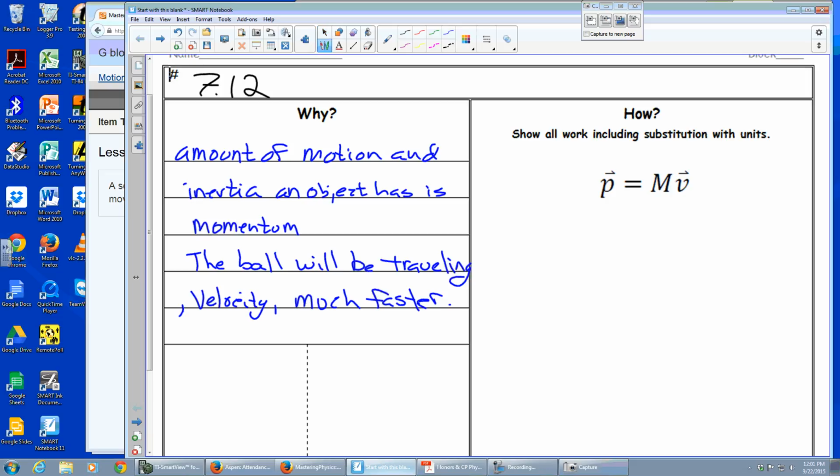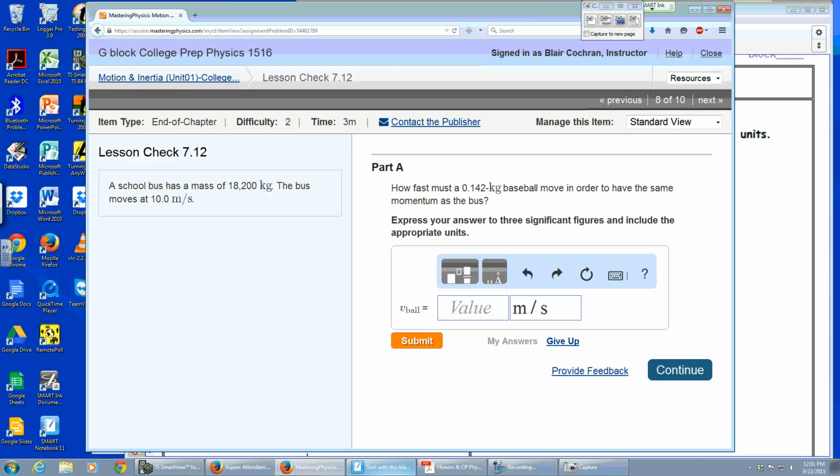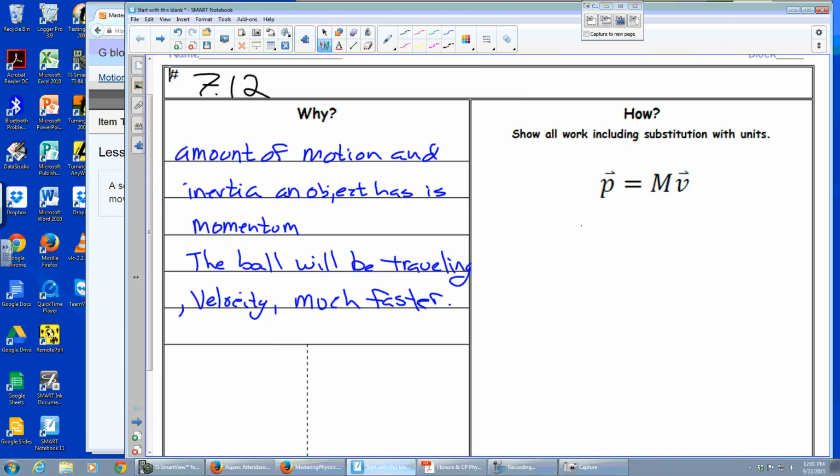So the problem wanted the momentum of the bus and the momentum of the baseball to be the same. So if I say the momentum of the bus must be the same as the momentum of the ball, and then I substitute in for that momentum the inertia of the bus multiplied by the velocity of the bus.